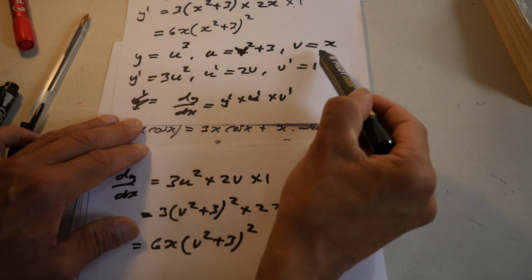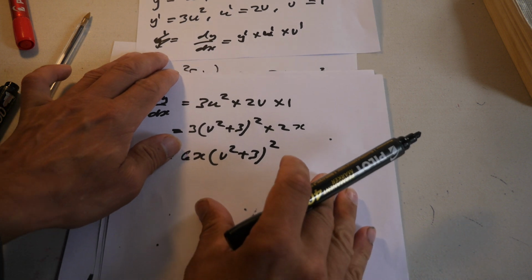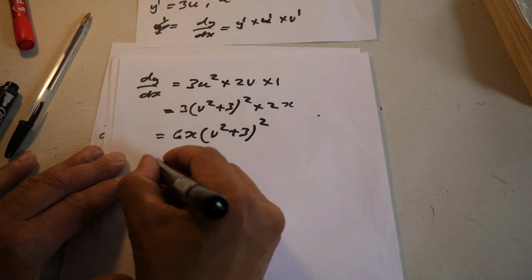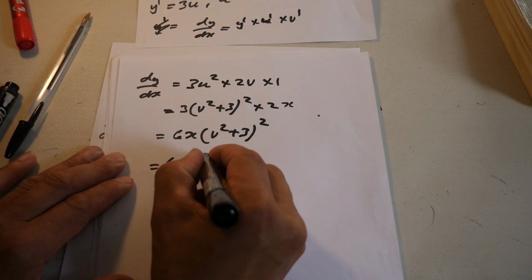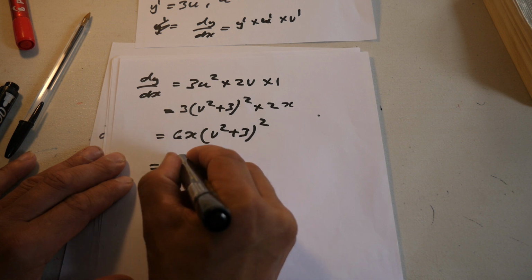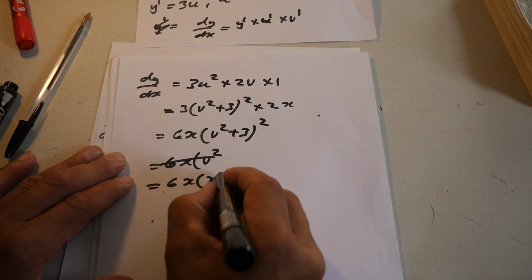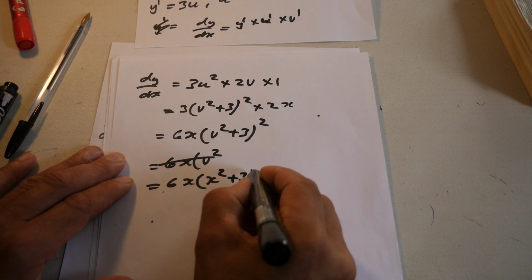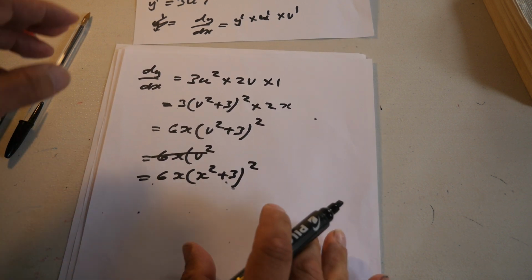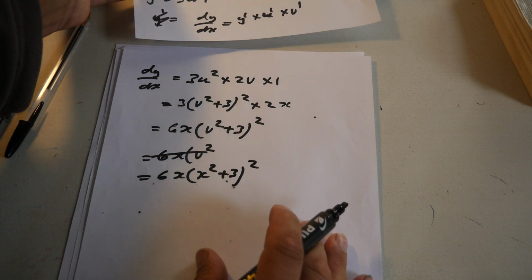So this becomes 6x times x squared plus 3 squared, okay? Which is what I got originally up here.